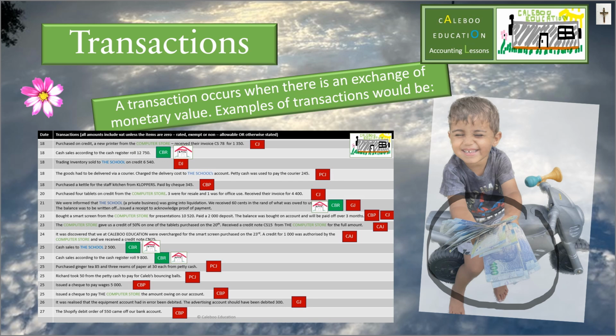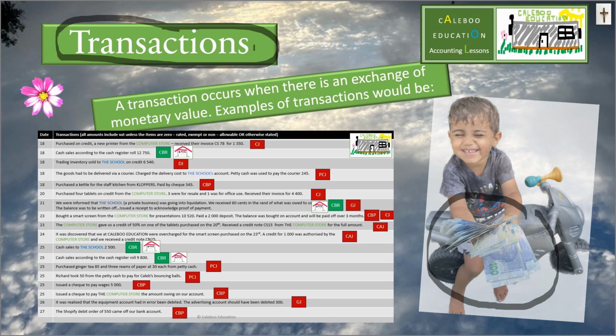My first accounting teacher a long time ago, I remember when he first introduced accounting to me, he said, why do people go into business? You need to make a profit. And in order to make a profit, you need to transact wisely. So what is a transaction?